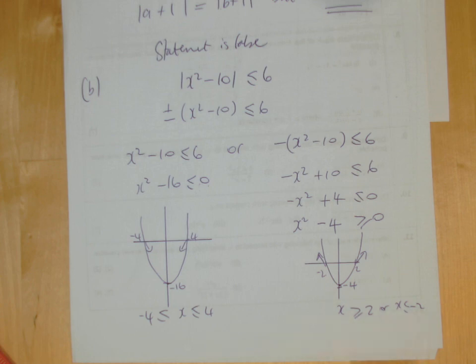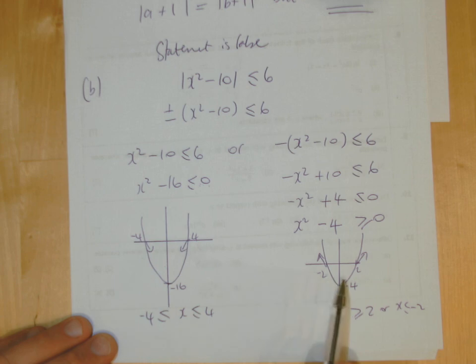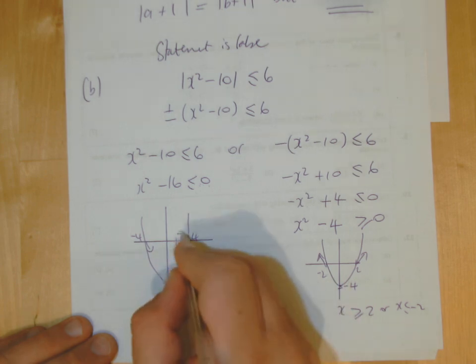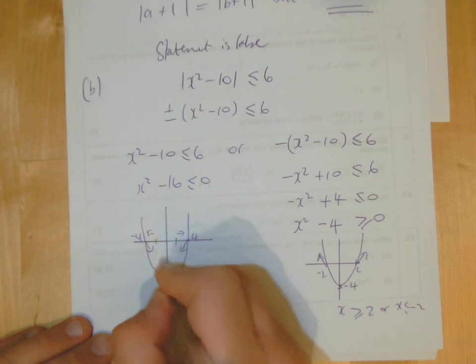We've got to put these together so that it makes one set of solutions. If one says it's between -4 and 4, that's everything, but the other says it's got to be above 2, or less than -2.